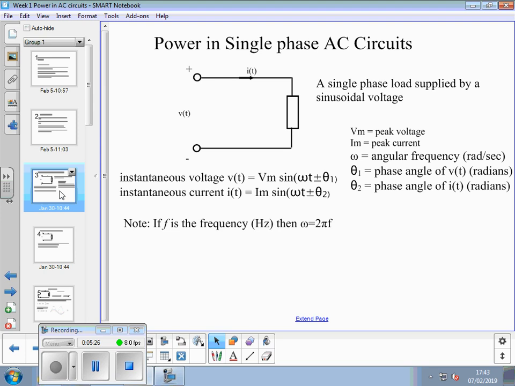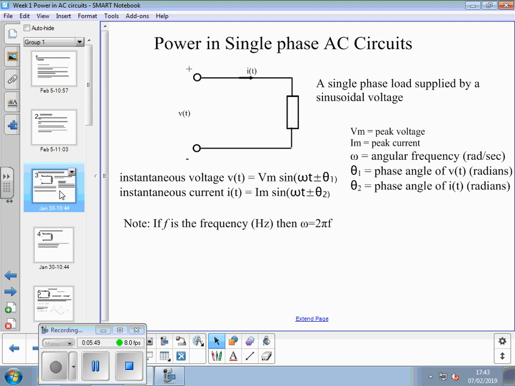If we talk about instantaneous values of current or voltage, because in AC systems those things are changing 50 times a second, we're going through this cycle, so they're constantly changing. If we're talking about a value at an instant in time, we use a lowercase v at time t or a lowercase i.